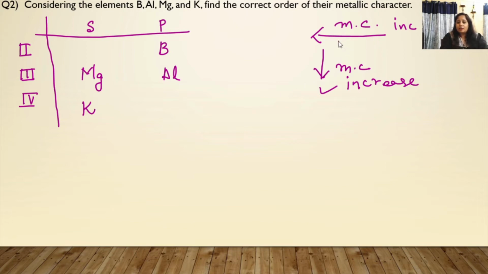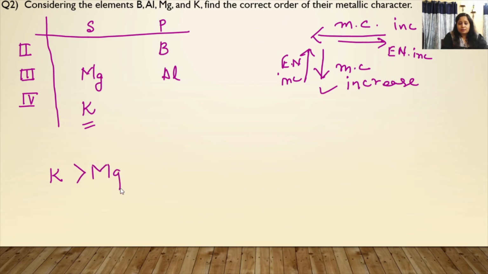Our electronegativity is increasing in this way. Electronegativity increases, and our electronegativity increases in this way. Electronegativity increases. We can say like that. So we will just go opposite to the electronegativity. So we can say potassium will be highly metallic. After that, magnesium, which is less metallic than potassium.